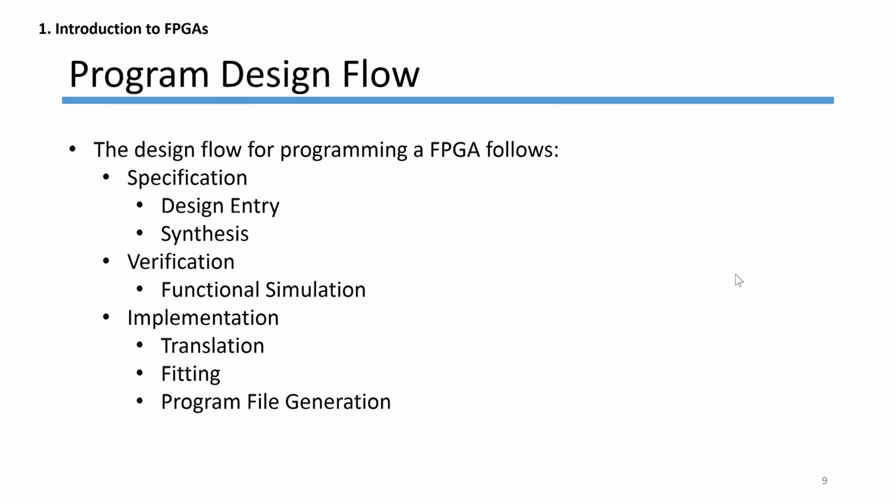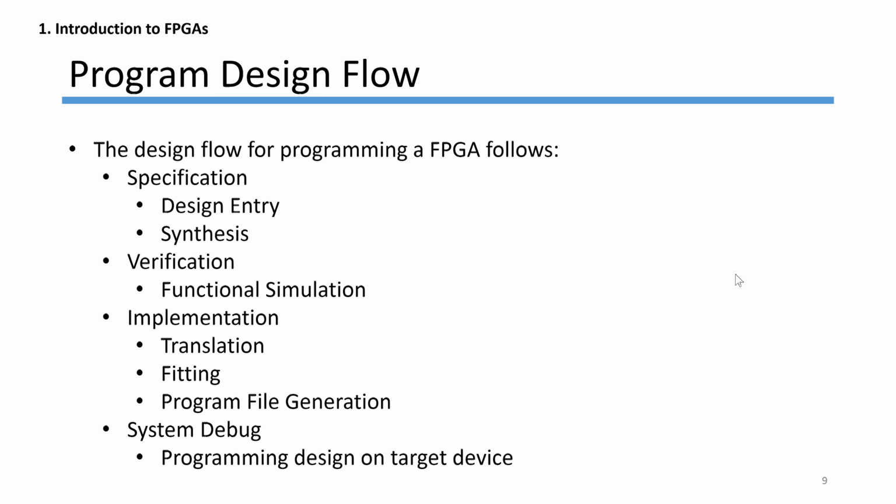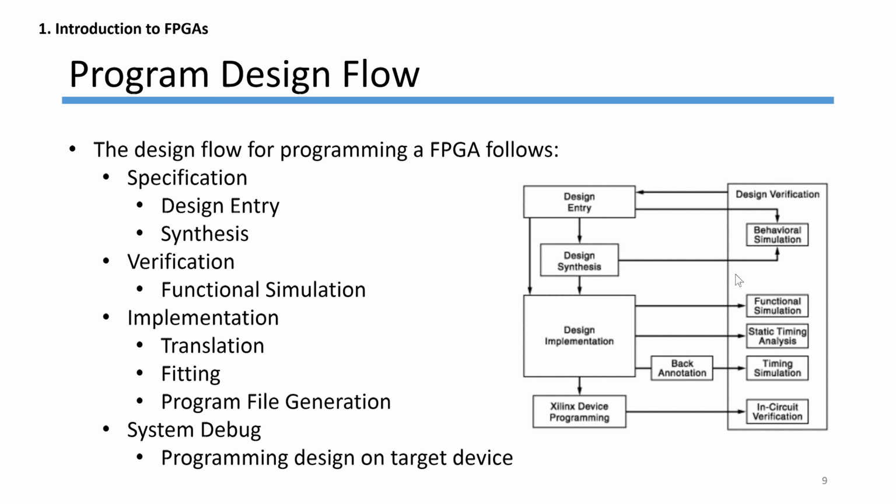Program file generation is then the generation of the bit file. So for FPGAs, they produce bit files which can then be uploaded or downloaded into your chip or on a flash memory, which then loads onto your FPGA chip. And as you can see down there, system debug is programming the design on the target device. If you can see the image on the right here, this is a basic flowchart giving you some ideas of this program design flow.